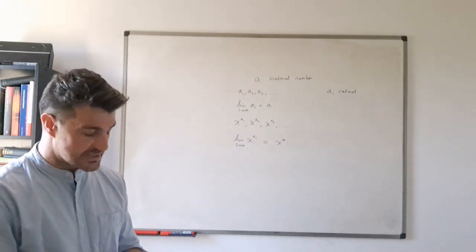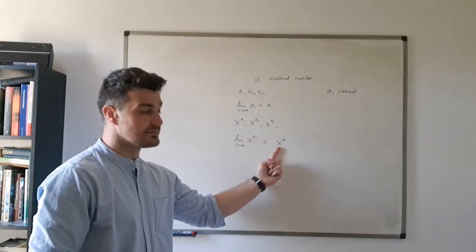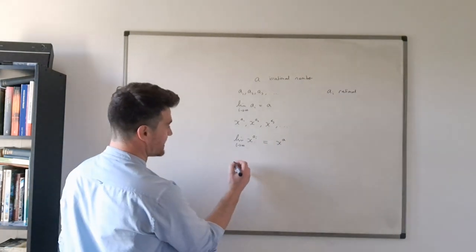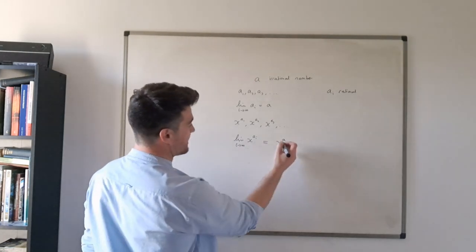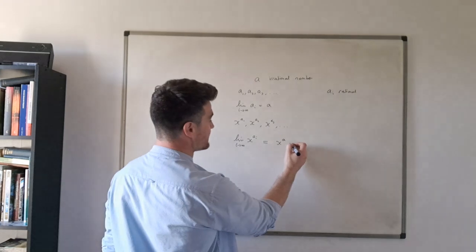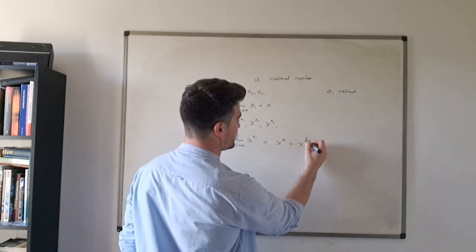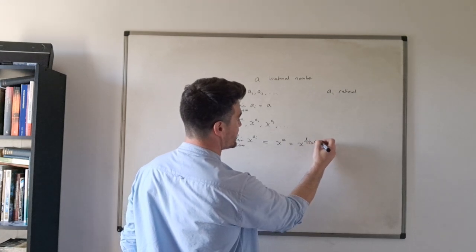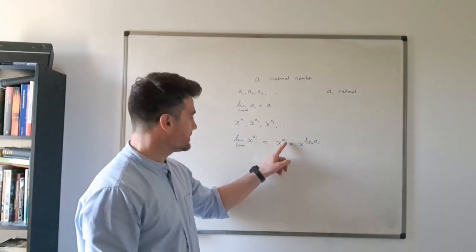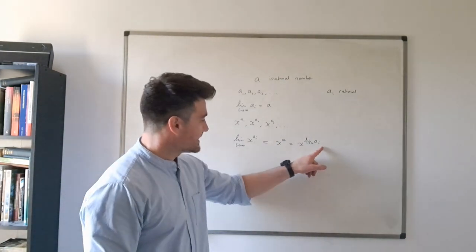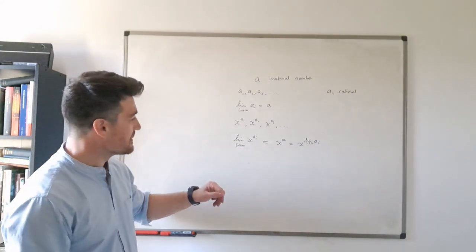And that's what I can do. I can define the limit of this sequence to be this number. In other words, if I've got x to the power of a, I can understand this as being x to the power of the limit as i goes to infinity of a_i, where the a_i's are a sequence that converge to a. I can understand it as that, and then I can say, well, this is equal to this limit here, okay?